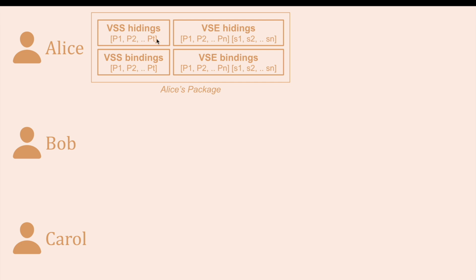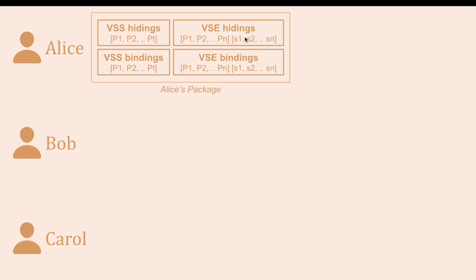So effectively, the VSS hidings or bindings are the vector of points: the first point being the constant term times g, and the other points are the rest of the polynomial constants, the random values times g. The VSC vectors, however, are the secret shares in an encrypted manner, and the points that the secret shares correspond to.